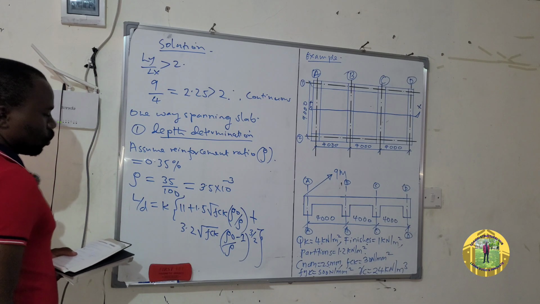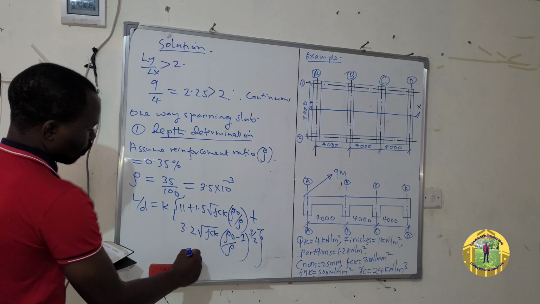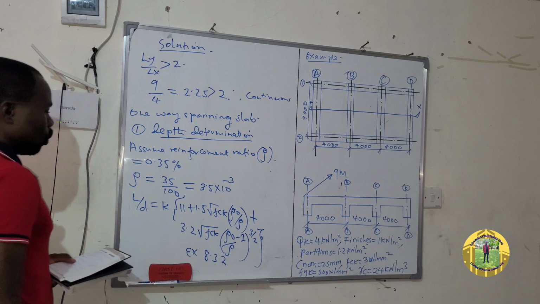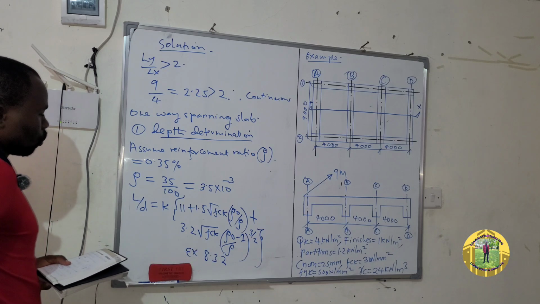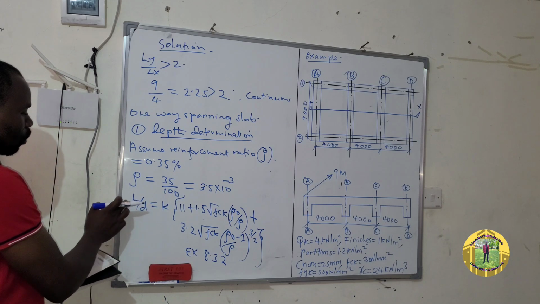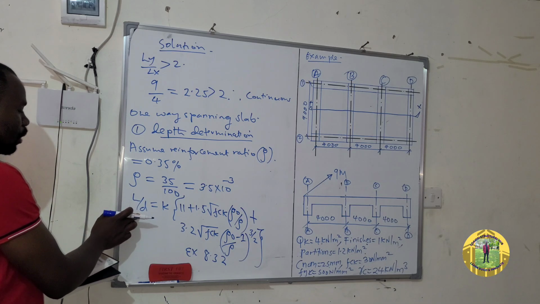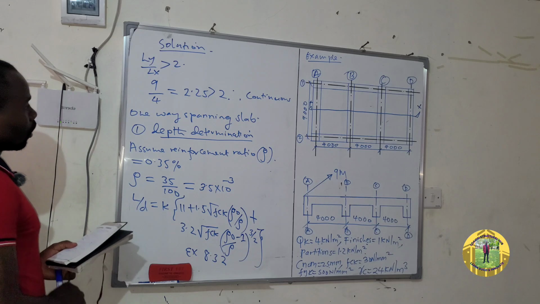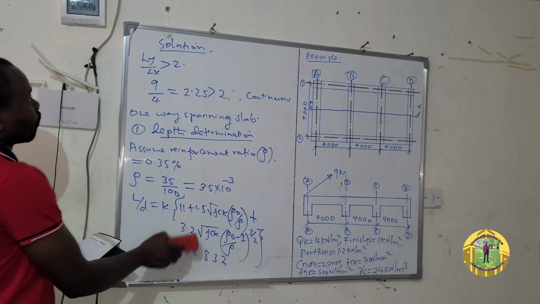So this expression 8.32 will help you to determine the basic depth ratio for effective length over effective depth.